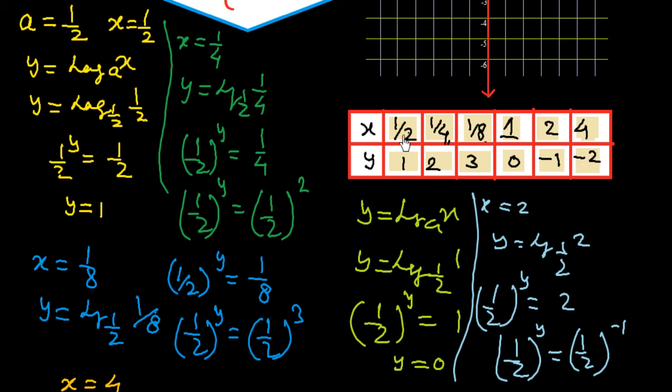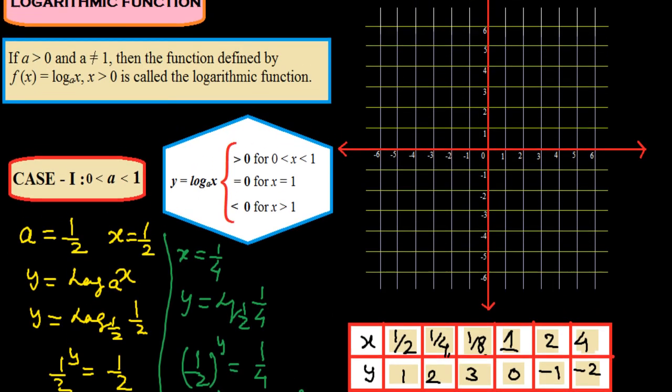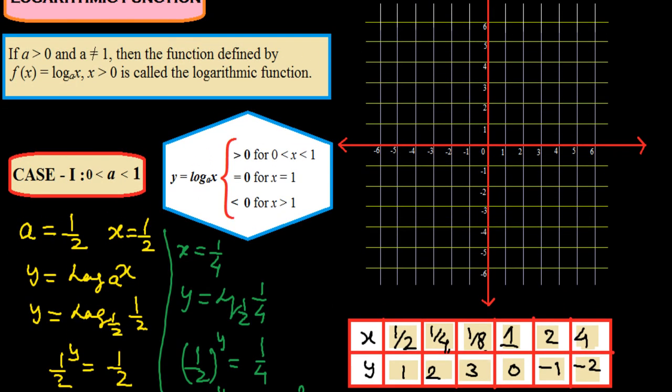Now we plot all these points on this graph. Look here. We have x 1 by 2 and y is 1, so we get a point here. If x is 1 by 4, y is 2, so we get it here. If x is 1 by 8, y is 3, so we get it here.